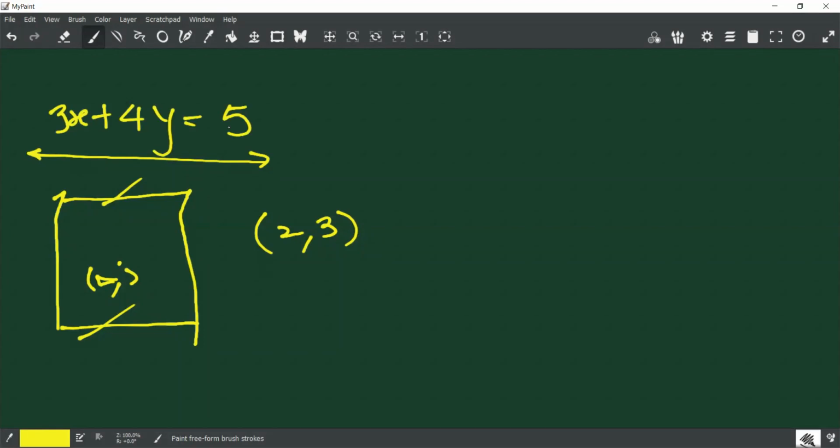See, the two sides of the square are going to be parallel to this. So obviously its equation will be of the form 3x plus 4y plus k is equal to 0.